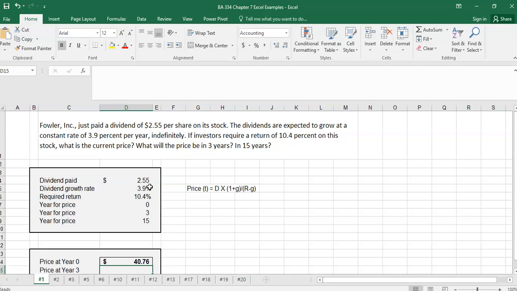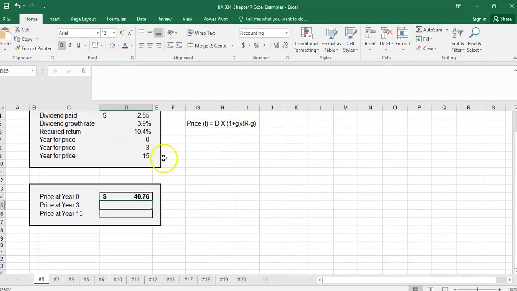So at year 1, it's $40.76. For future years, we need to calculate that growth happens for a number of years. And what we need to do is we need to calculate what the present value is of the future payments.